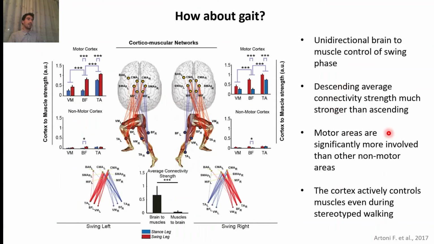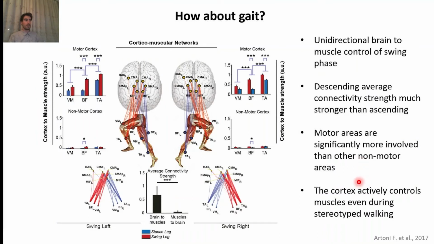Then I show that there is a descending average connectivity strength which is much stronger than the ascending one, as you can see here. Brain-to-muscle connectivity, or coherence, I would say, is greater than muscle-to-brain. Then also motor areas are significantly more involved than other non-motor areas.